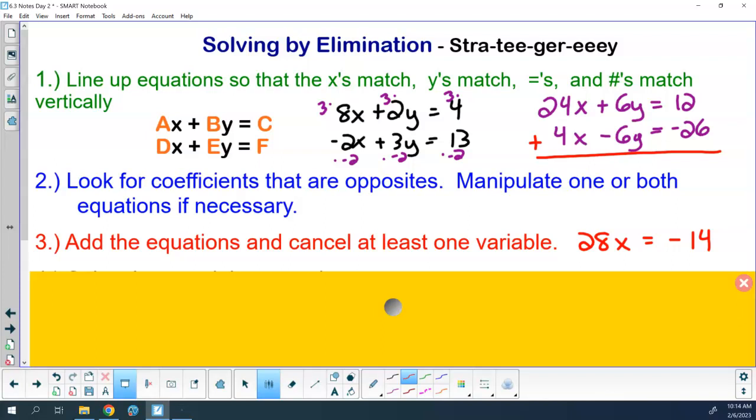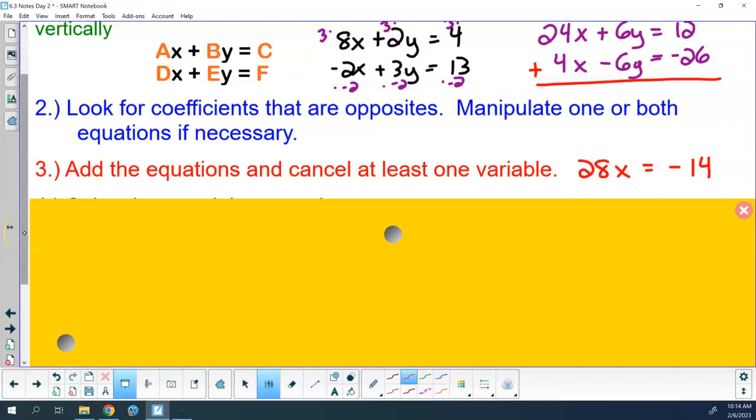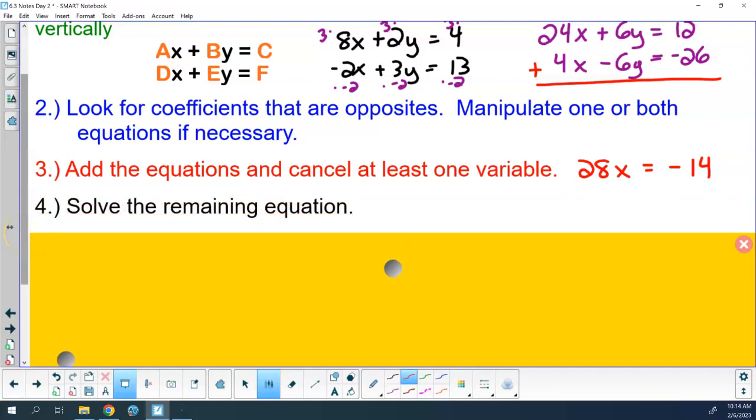Now what? So solve that equation. If I solve that equation by dividing by 28, I get x equals negative 1/2.